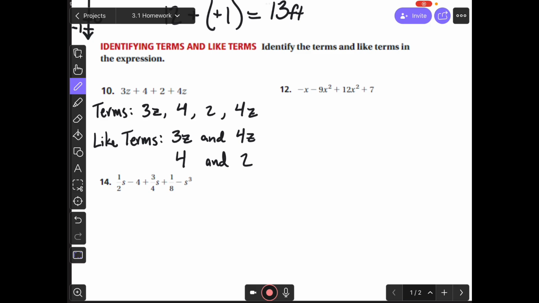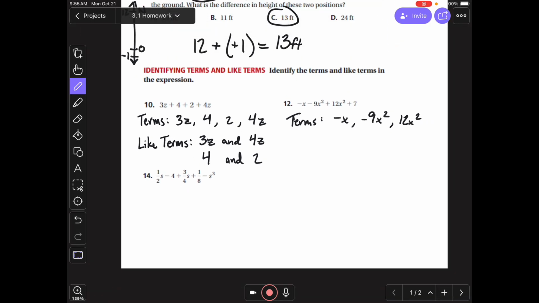12 and 14 look very similar, right? So the terms in 12 are -x, -9x squared, 12x squared, and 7. Those are my terms.